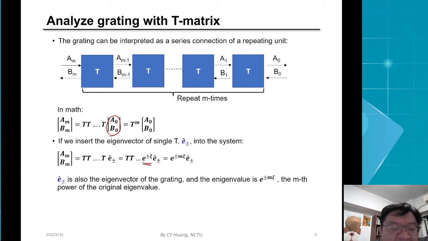So after applying T m times, it will drop out exponential plus or minus m times c as the new eigenvalue. The eigenvector is the same, but the eigenvalue changes from exponential c to exponential m times c. The direction of the eigenvector is still invariant, only the eigenvalue changes. Okay, let's take a short break.